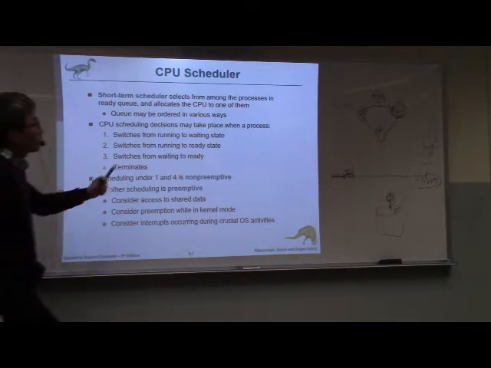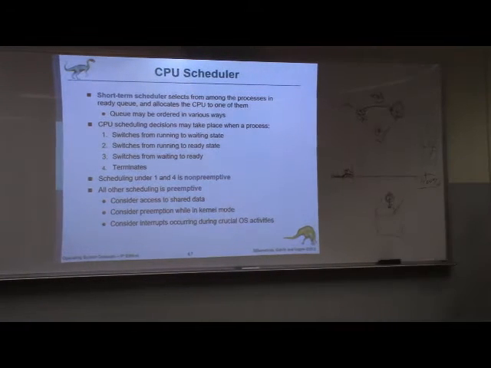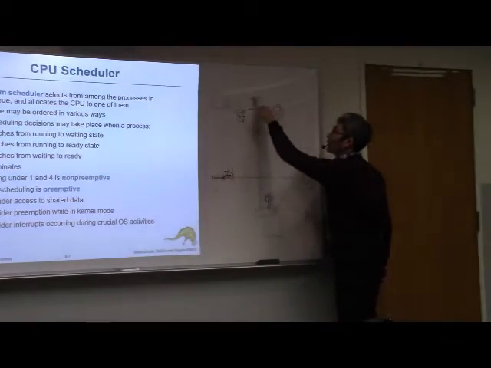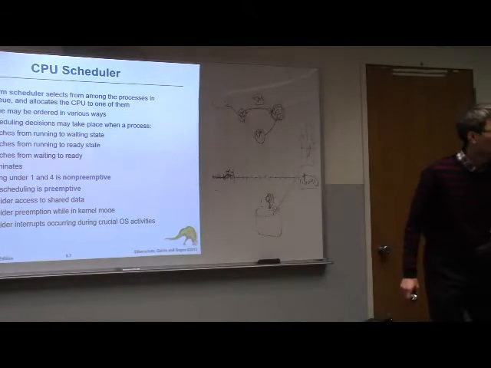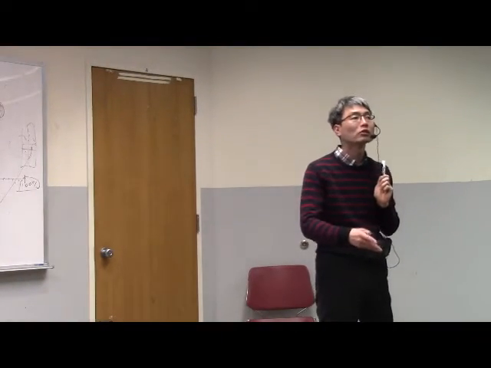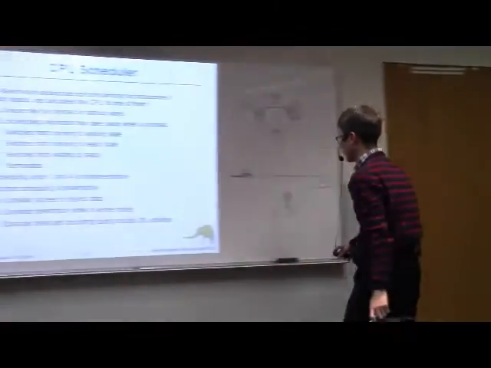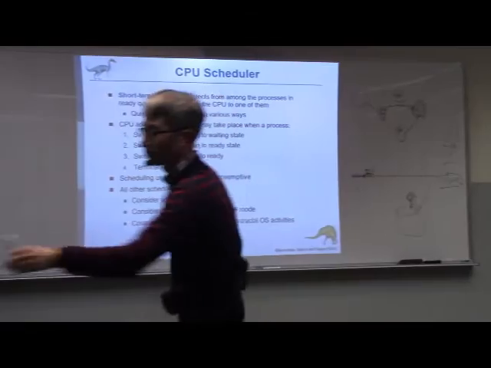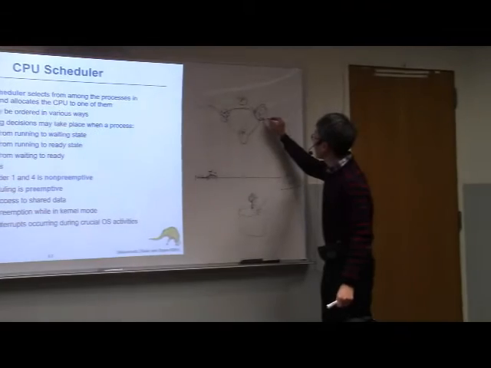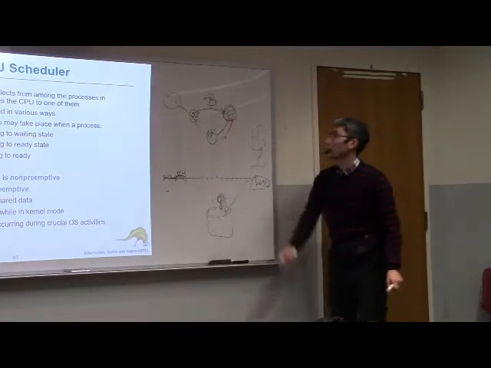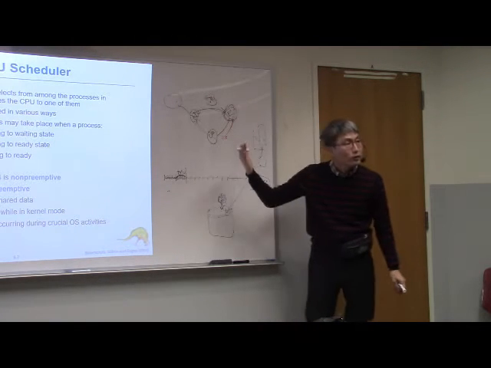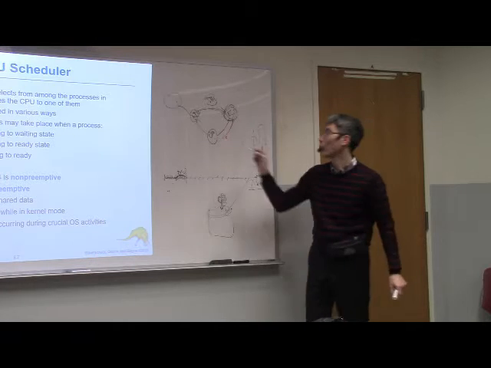No matter what algorithm we use for the dispatcher or the CPU scheduler, we need to know when the algorithm will be invoked to select a process. There are different cases. For example, if the process moves to the wait queue from the running state, there's no process running, so the CPU scheduler needs to select the next process. This is one case.